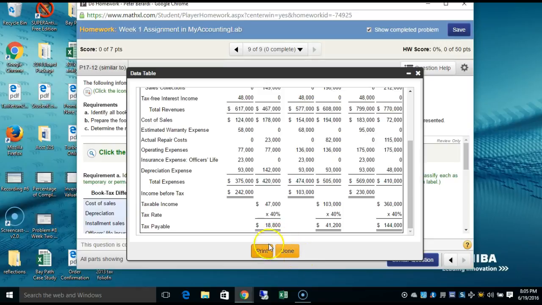The income tax payable is going to be the taxable income determined by the tax income statement, which is total revenues minus total expense, and gives you $47,000. Total revenues minus total expense gives you the $103,000. Multiply that by the 40%, and that gives you your tax payable.